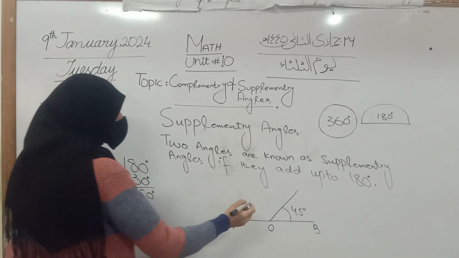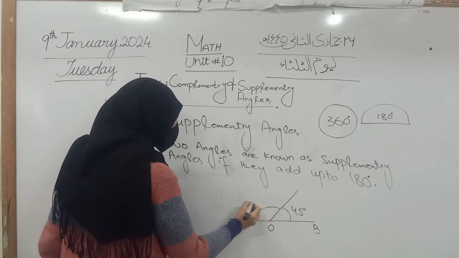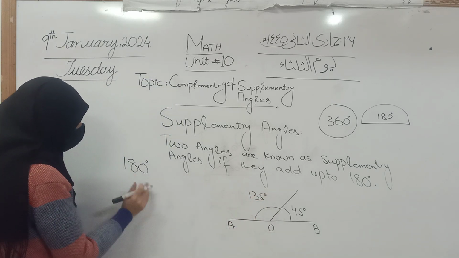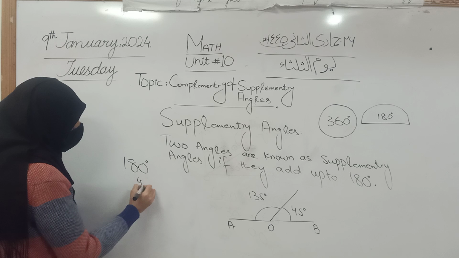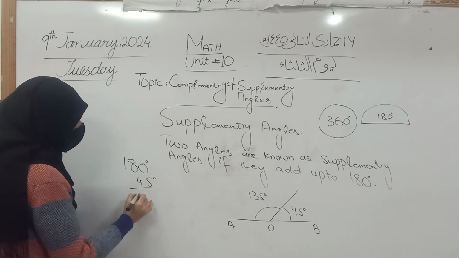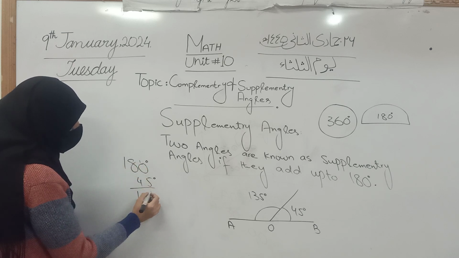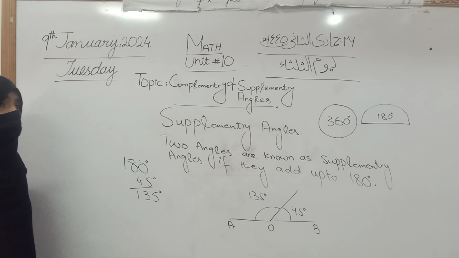It will be equal to 135 degrees. How? If you subtract 45 from 180, you have to take a carry: 10 minus 5 is 5, 7 minus 4 is 3, and it will be equal to 135.